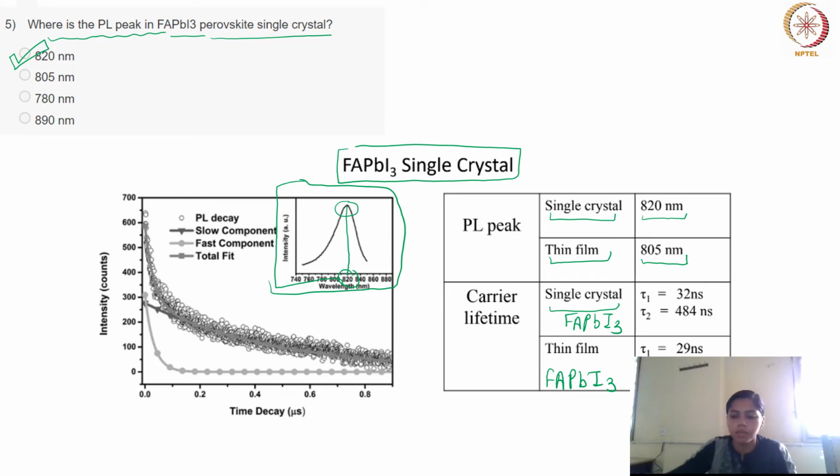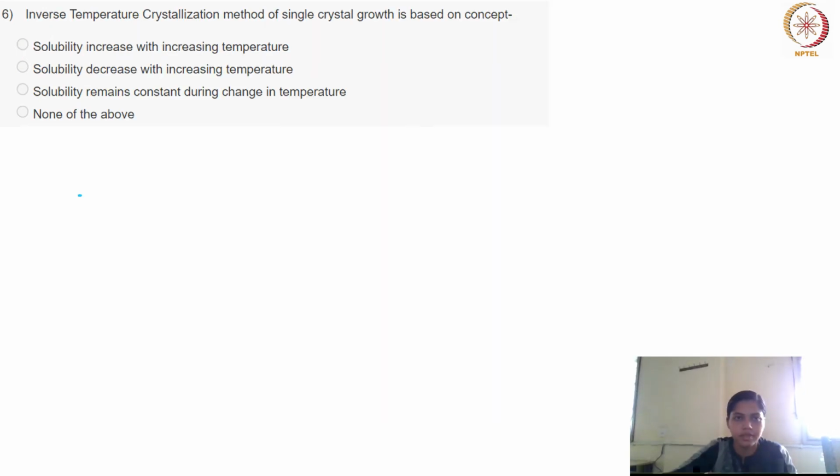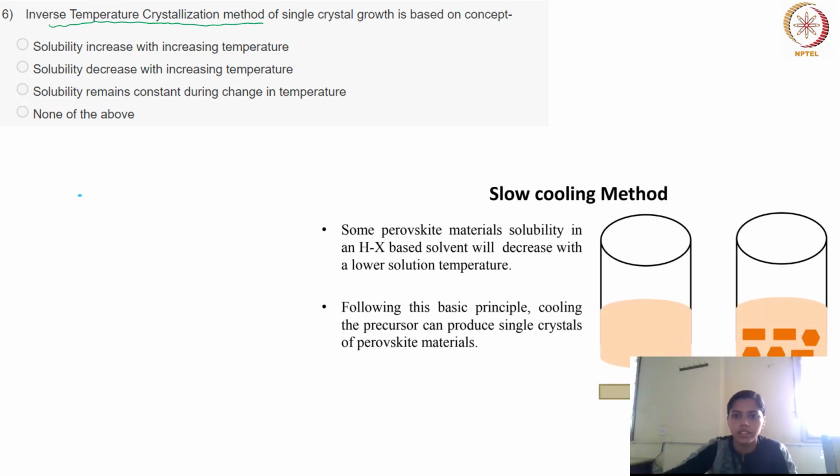So now let's move on to the next question. The next question is, the inverse temperature crystallization method of the single crystal growth is based on the concept of what? So when you are talking about the inverse temperature crystallization method, what happens?